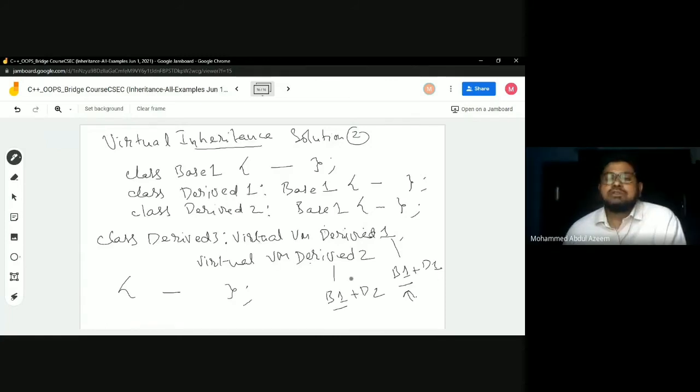So then what happens? The operating system will eliminate one of these copies and ensure that no duplicate copies will be made available. So that way it takes care of eliminating the duplicate copy. So I hope this is clear to all of you. Virtual inheritance and virtual base class concept, right?